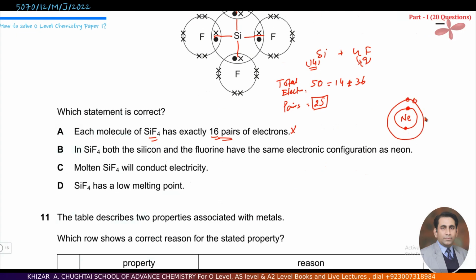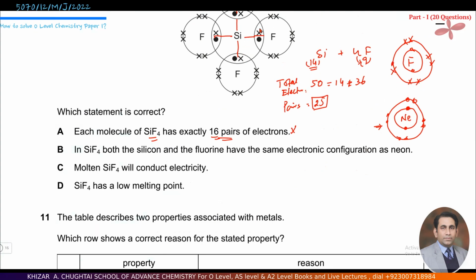In the case of F, yes, it is following the electronic configuration of neon: the first shell has 2 electrons and the last has 8 electrons. You can see from the picture.